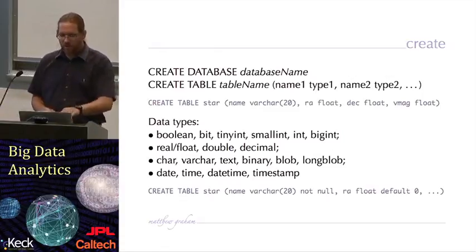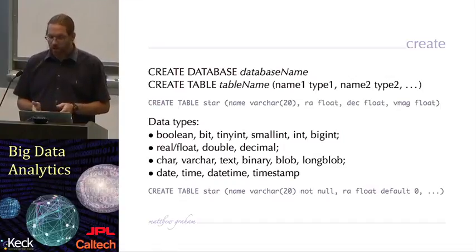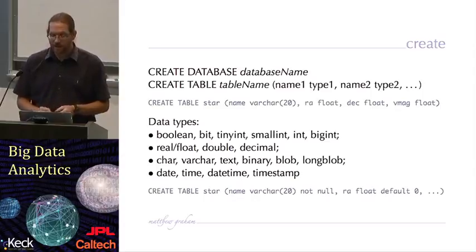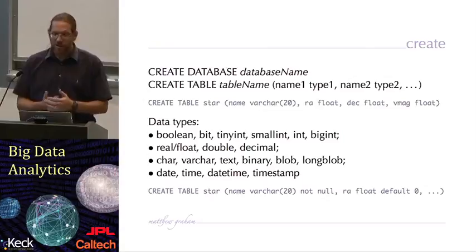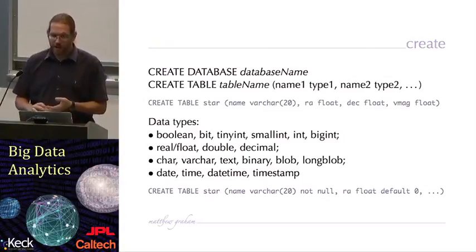So in the example there, create table star, I'm creating a table called star, and it's going to have 4 columns. The column names are name, RA, dec, and V magnitude, and the data types associated with each of those are a variable character string up to 20 in length, and then 3 float values.